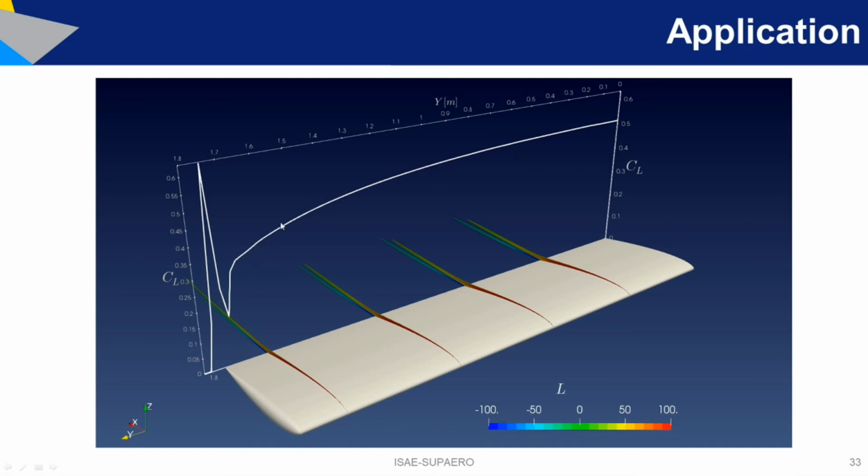And then, when you integrate that, you obtain the lift distribution, and if you integrate the lift distribution, you obtain the total lift. As you can see, the lift distribution is similar to the near field and far field cases. You have a constant value that decreases toward the tip, and then you have a local sudden increase in lift due to the tip vortex. So the three approaches have delivered a very similar lift distribution.